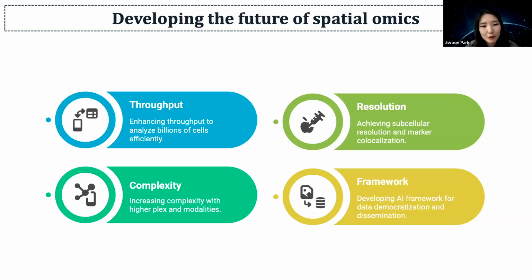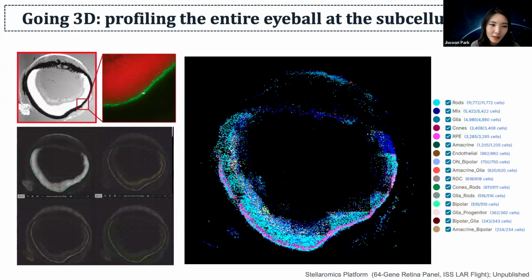A lot of the platforms are going for multi-omics and, of course, higher resolution. Everything's now subcellular, really trying to get that information out of the cell, but also building a good framework for everyone to democratize the data, help disseminate it better, and extract the most out of these complex assays. And for the rest of the time, I'll try to explore a few different directions that we're pushing toward.